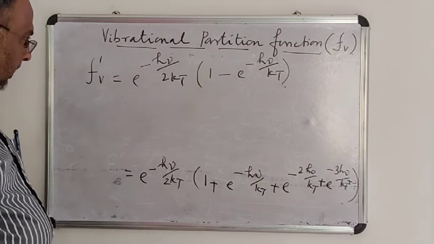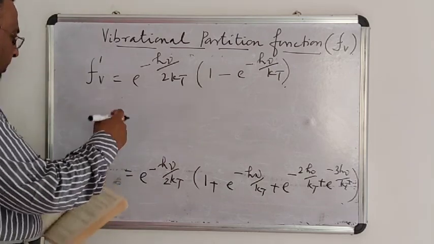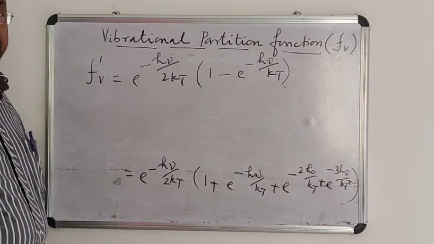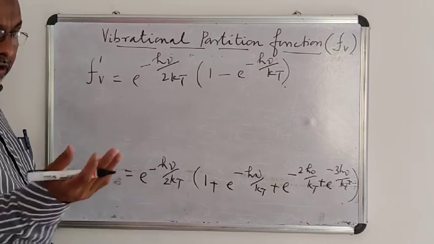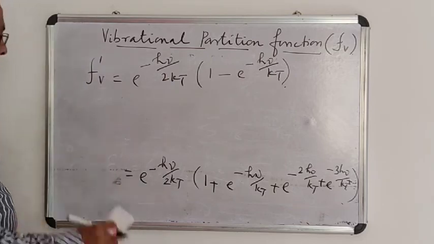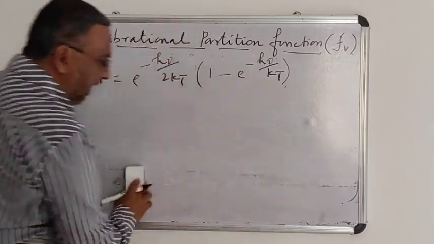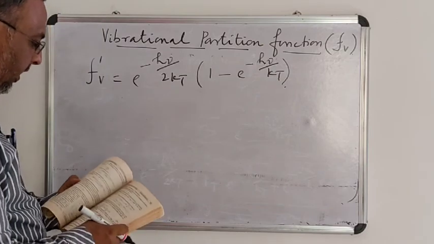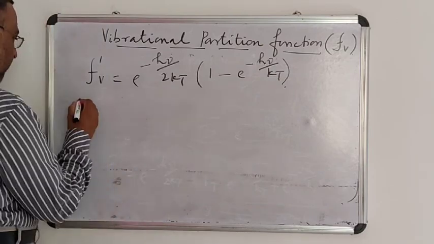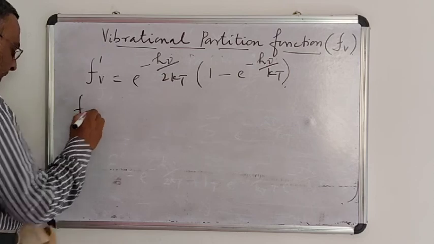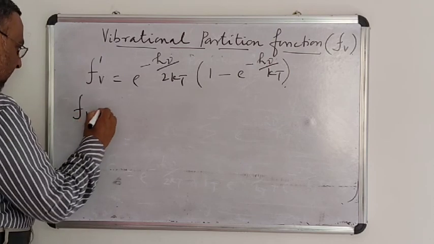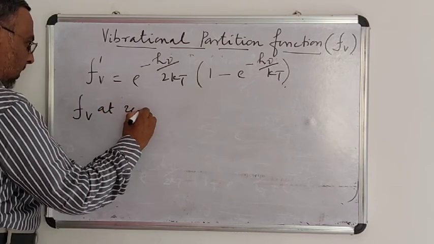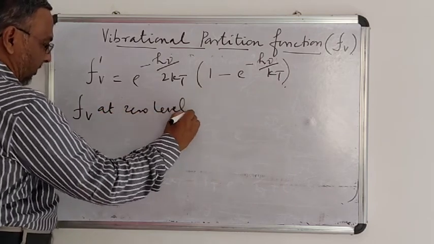However, the vibrational energies are measured with respect to the zeroth vibrational energy level, or the lowest vibrational energy level. When you use the partition function fv for the lowest vibrational energy level, it is the partition function at the zero vibrational level.